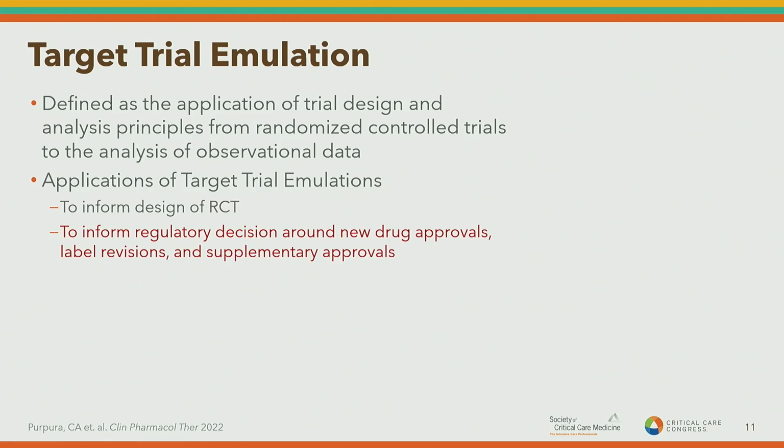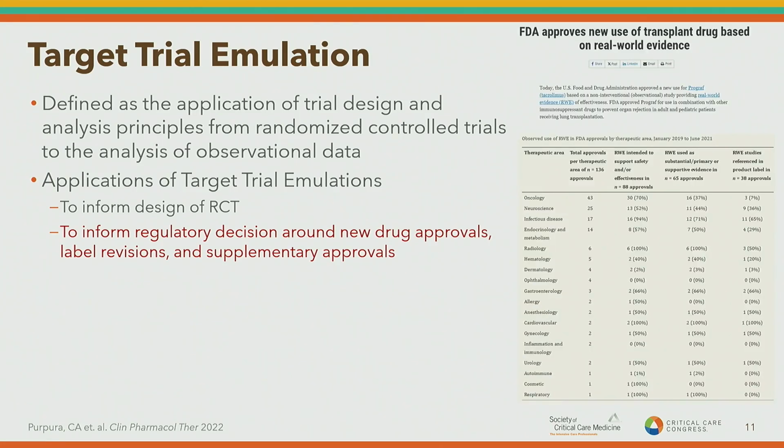This kind of similarity in being able to anticipate, but also help plan and mimic what you might see in a clinical trial has become more important because real-world data is now used to inform regulatory decisions around new drug approvals, label revisions, and supplemental approvals.